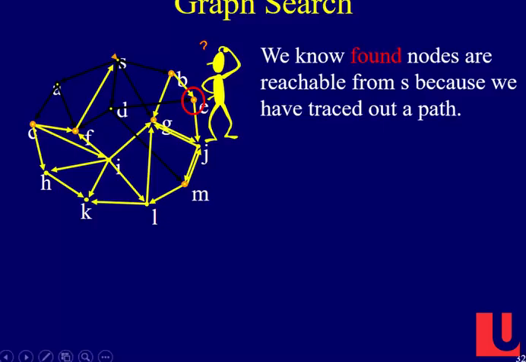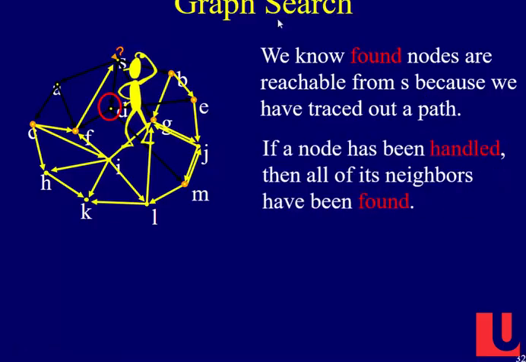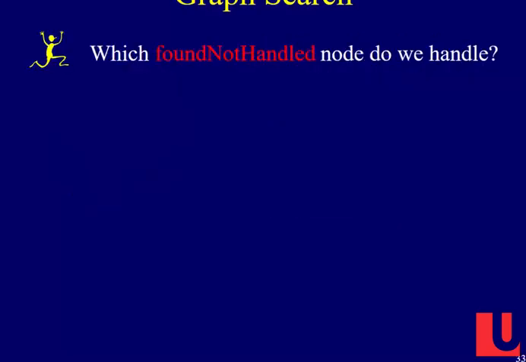And so the found nodes are ones that we have reached, and one of the things that we know about them is they're reachable from S, right? And what's true about a handled node is that you have found its neighbors. Everybody good with that? So what's the algorithm?